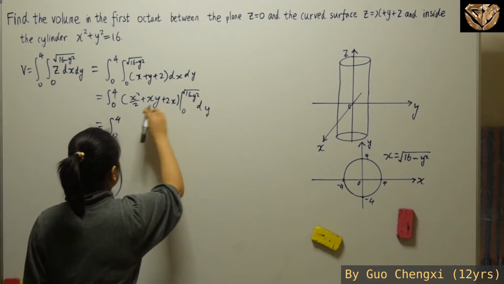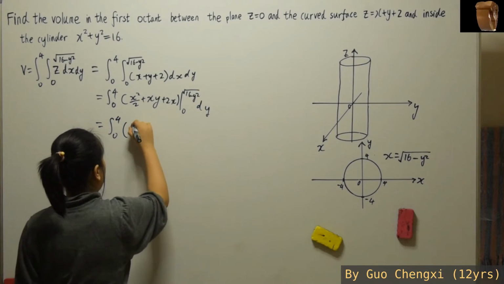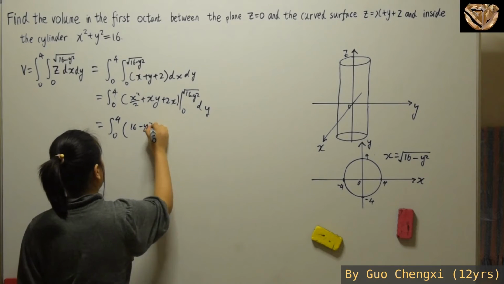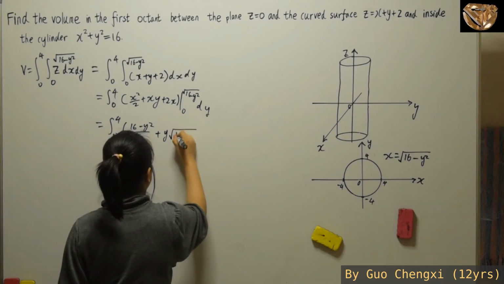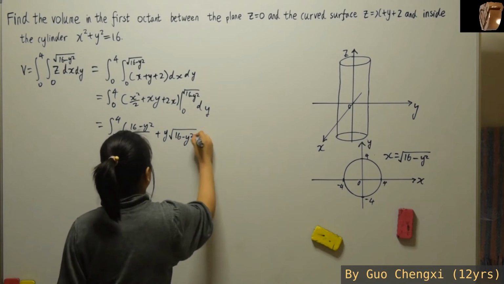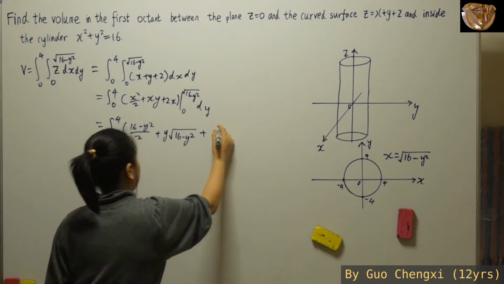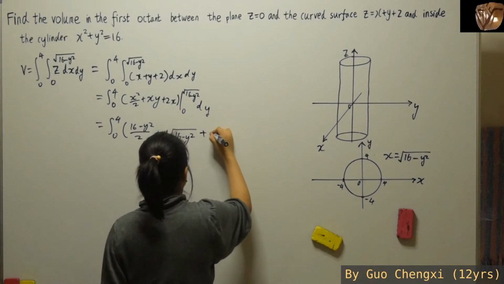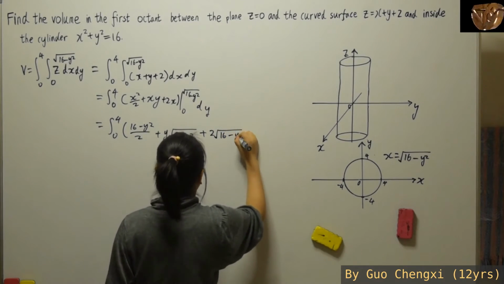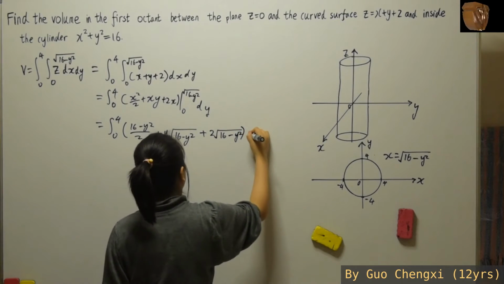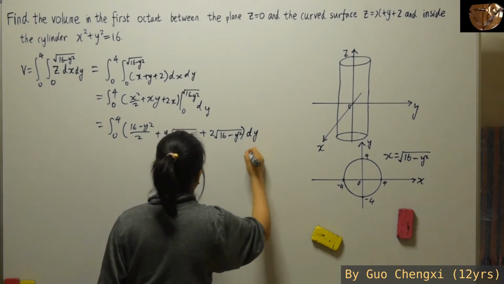And now we substitute this part inside, whereas we're going to have 16 minus y squared over 2 plus y square root 16 minus y squared plus 2 square root 16 minus y squared, and then we're going to have dy.